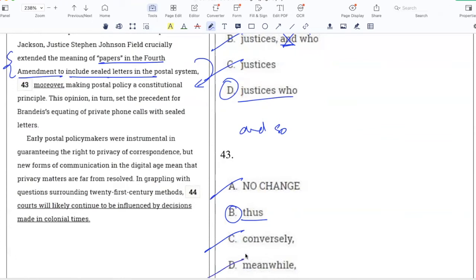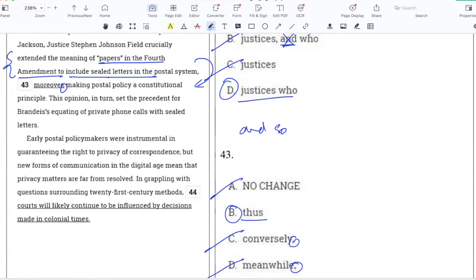The other problem with options A, C, and D are these commas after the connector. If I'm saying thus making postal policy a constitutional principle, then that part is dependent on the first half of the sentence, right? So no commas after the connector. And the only option that follows that is option B.